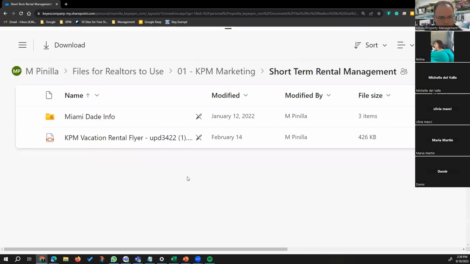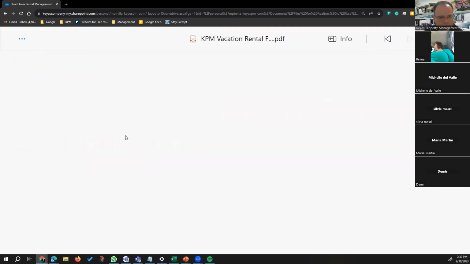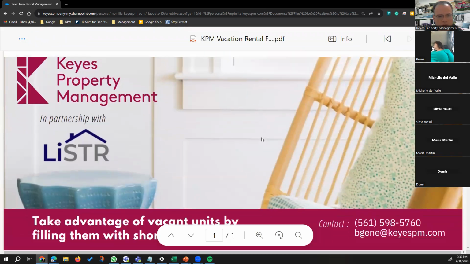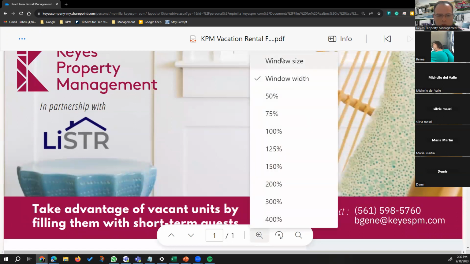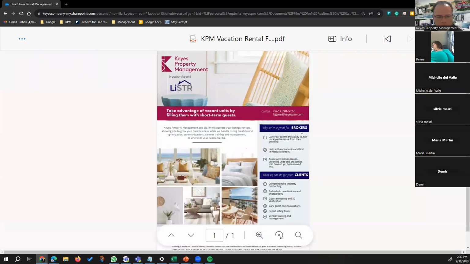Short-term rental management. People are always asking about short-term rental and what the options are. Here's the flyer that you can share with your owners as well.